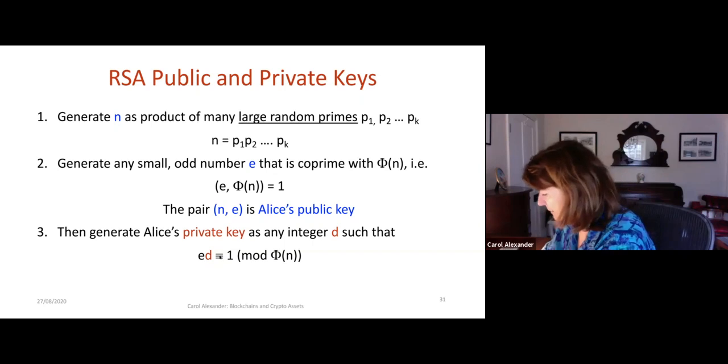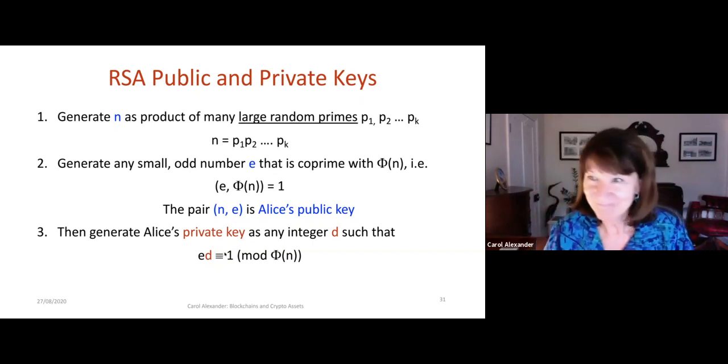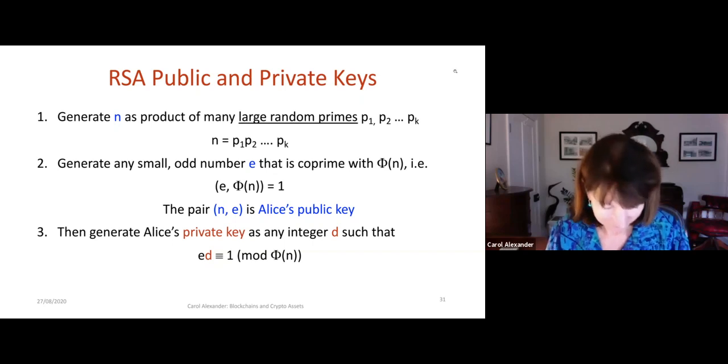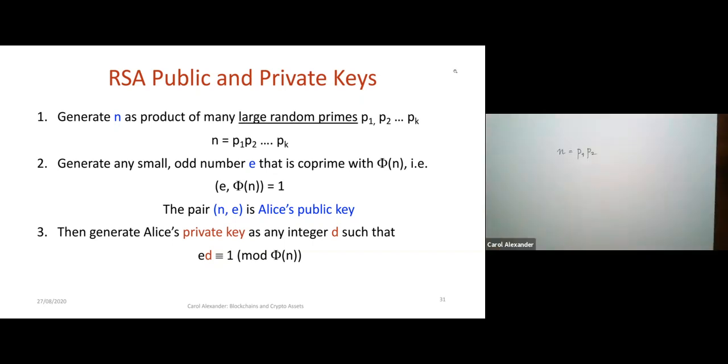So I'll just mention that n, say, is a product of p1, p2. Let's put this on. N is p1, p2, and then we've got e and phi n have got to be co-prime with e odd.